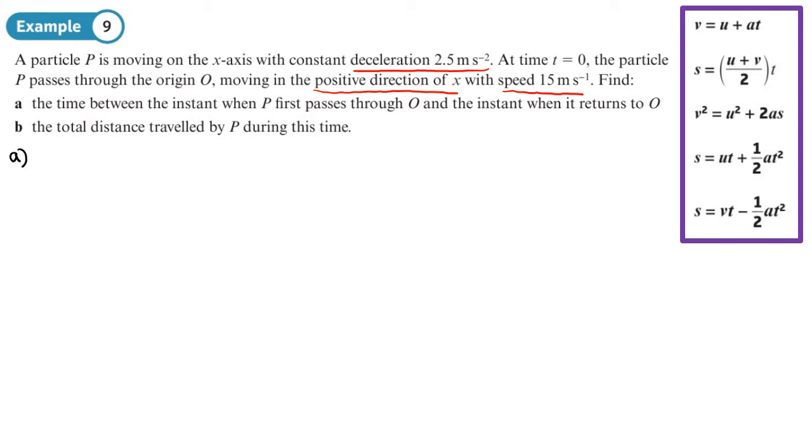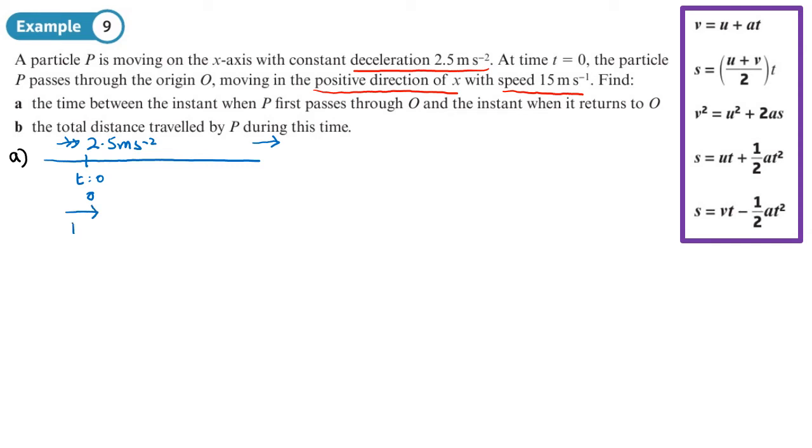So like the previous one, we're just going to do a little diagram, show what's going on. So it's moving in the x-axis direction like this, and its deceleration is 2.5 meters per second squared. At t equals 0, it passes through this point O, the origin, and it's moving in the positive x direction, and its speed is 15 meters per second.